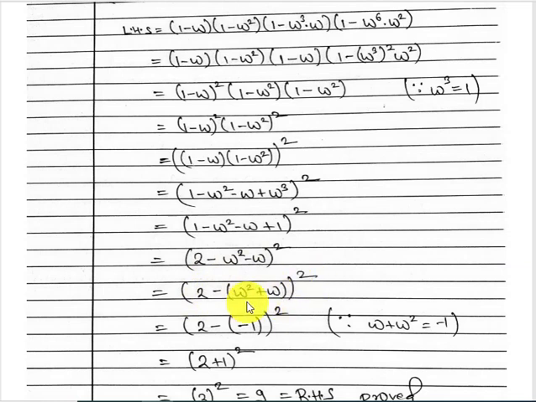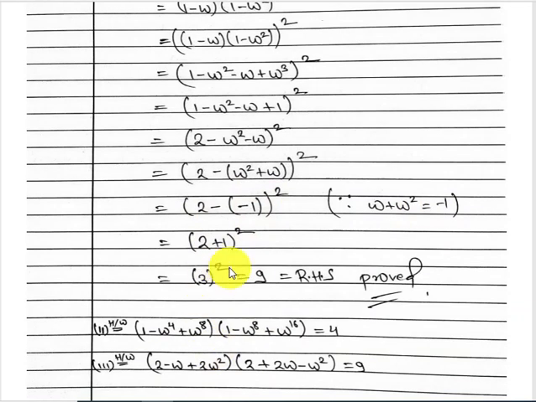Now, what can we write in place of omega square plus omega? Recall the relation 1 plus omega plus omega square equals 0. From that relation we get omega plus omega square equals minus 1, so minus 1. So 2 minus minus 1 becomes 2 plus 1, that means 3 square, that means 9. That is your right hand side.